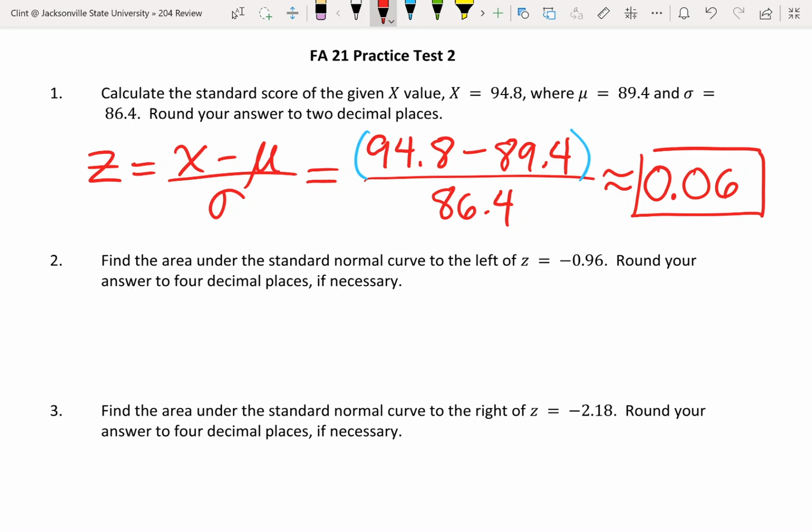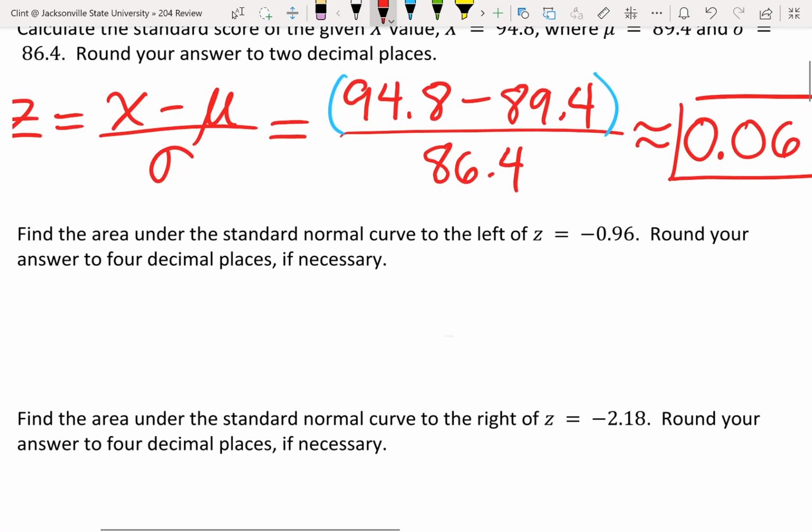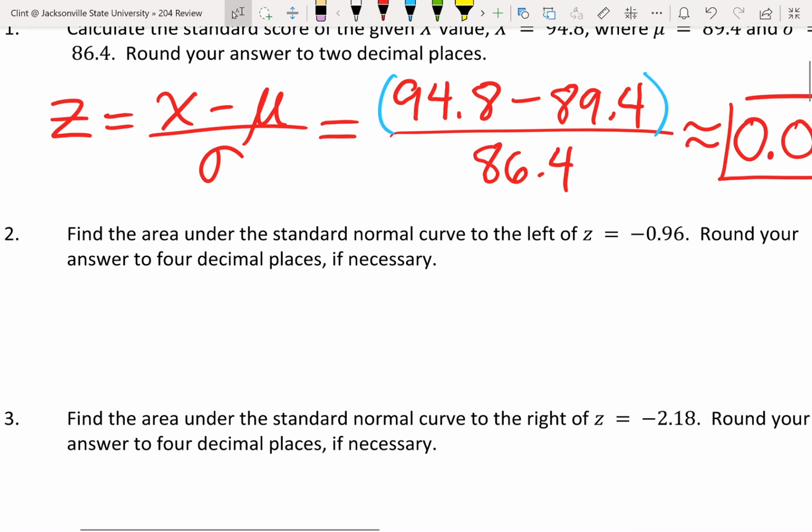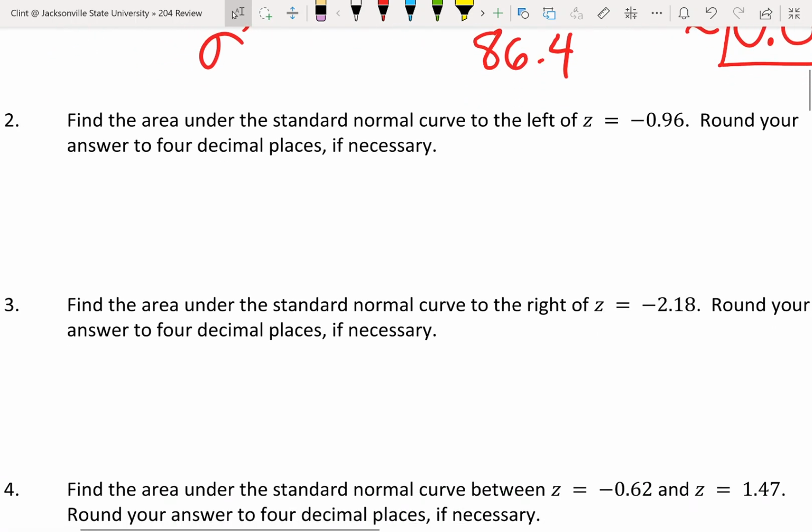Number 2, we start looking for areas. It says find the area under the standard normal curve to the left of negative 0.96. Since we're looking for the area to the left of that z value, we just look it up in our z tables or normal tables.